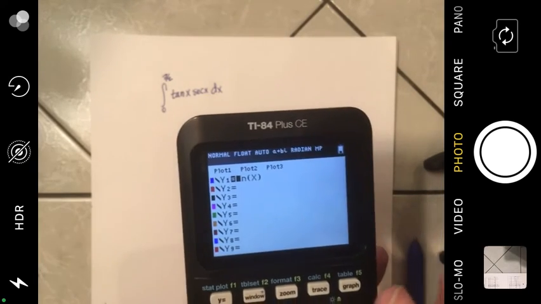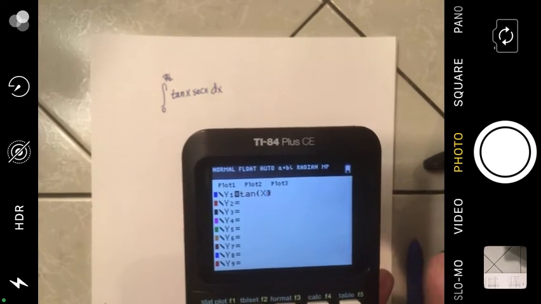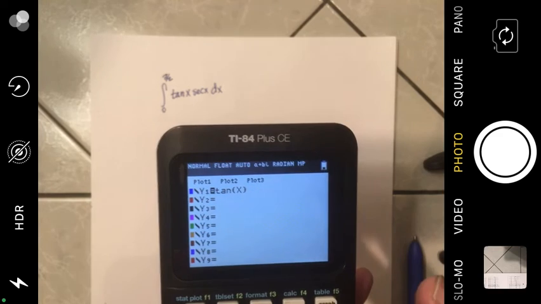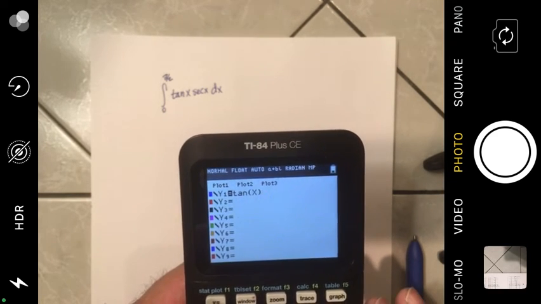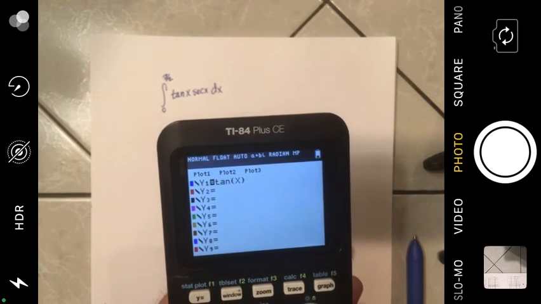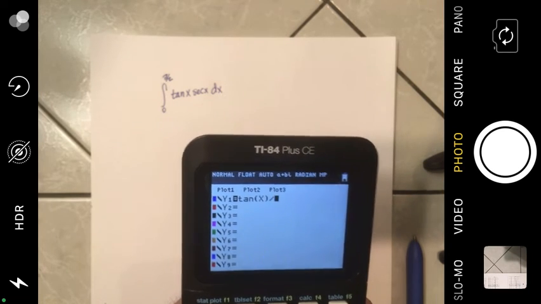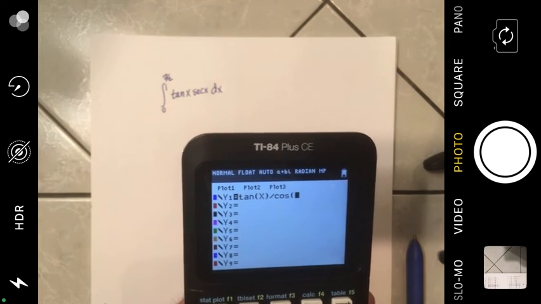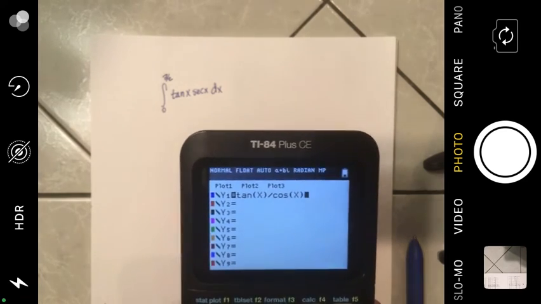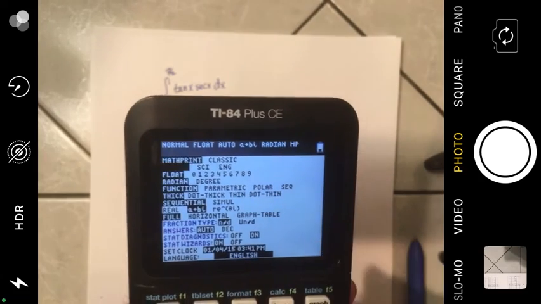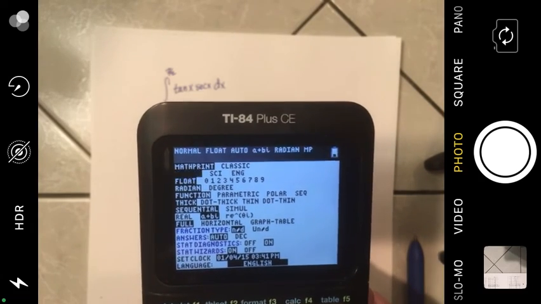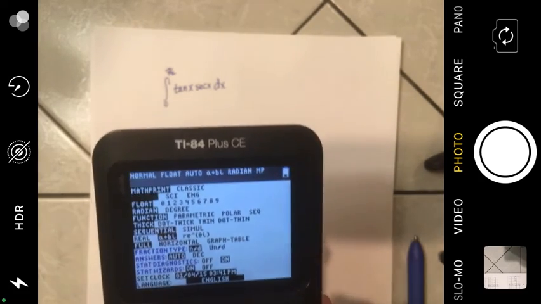Let's see what that looks like. Tangent x times secant, which is 1 over cosine, so divided by cosine x. By the way, somebody had their calculator in degrees, and that messed them up on problem number 1.